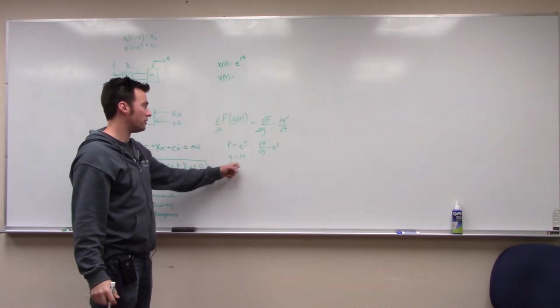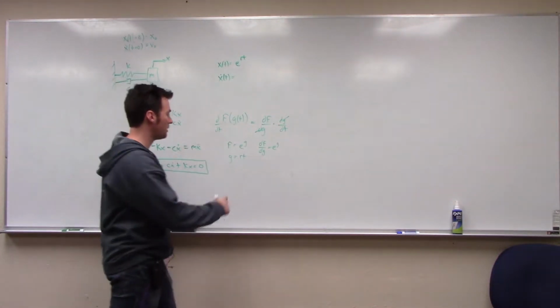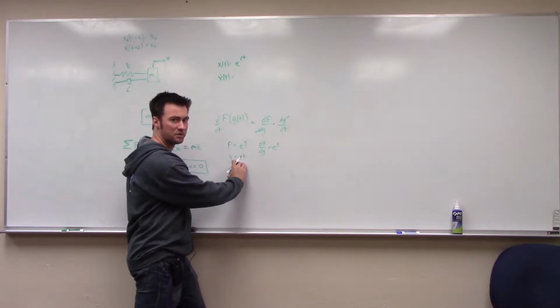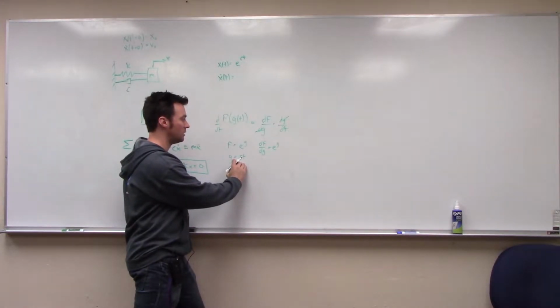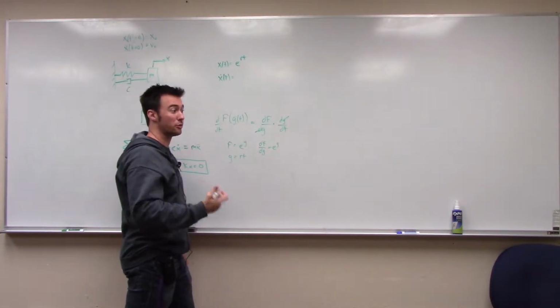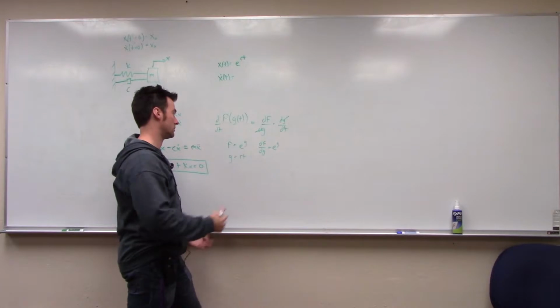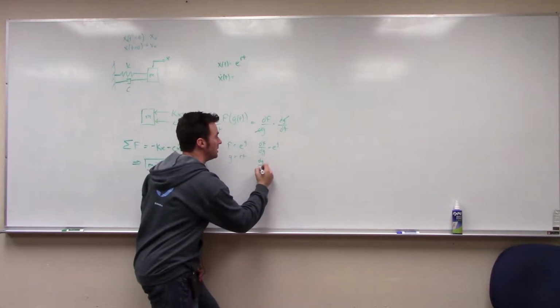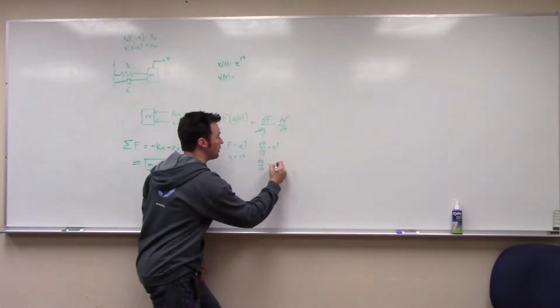And the derivative of g with respect to time, okay, well, that's the derivative of r times t with respect to t. Well, we know that the derivative of a constant times the variable that we're differentiating with respect to is just that constant, okay? So dg dt is equal to just r.